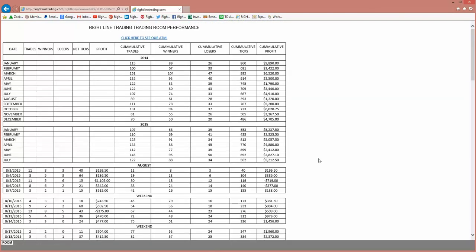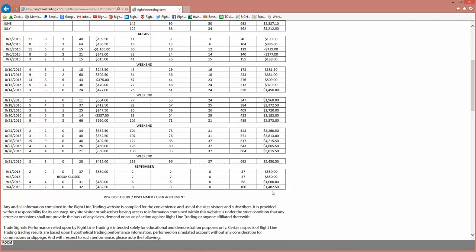Here we go. 9-4 has been posted already. I've only had 3 trading sessions in September. We're up $1,482. In September, we have 8 trades, 8 winners, no losers. So far, we have a perfect September.